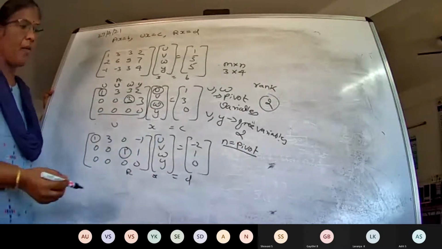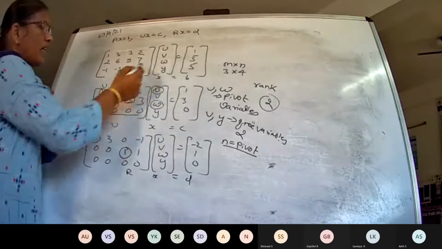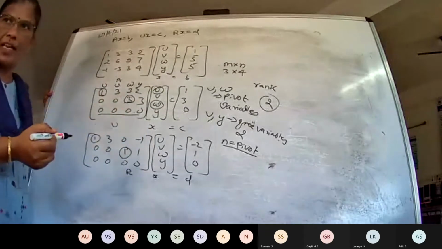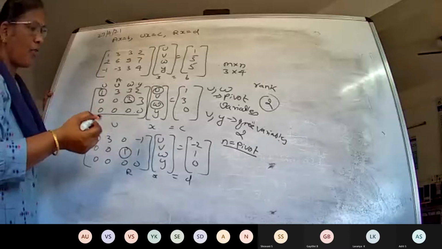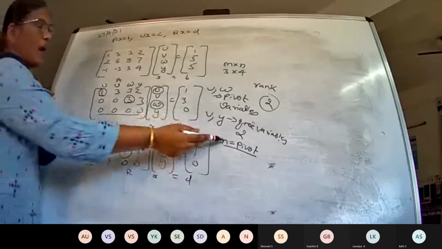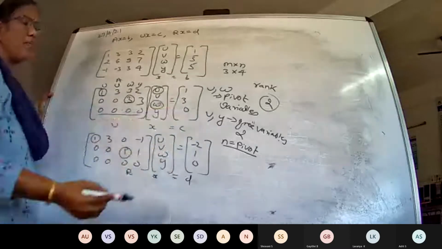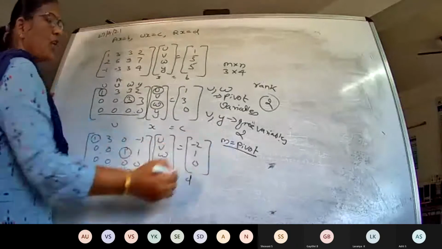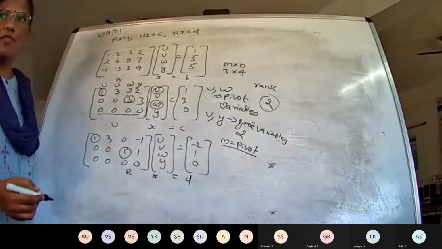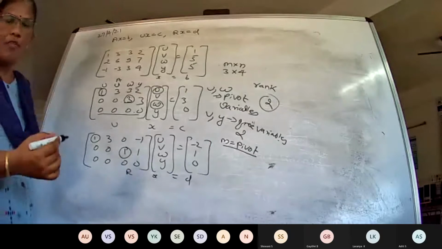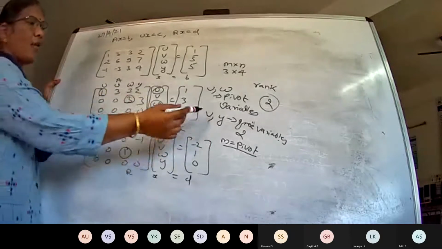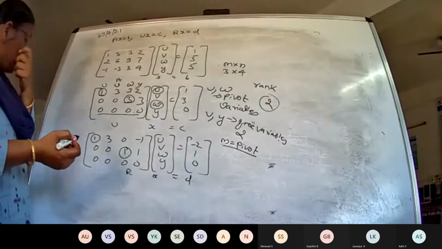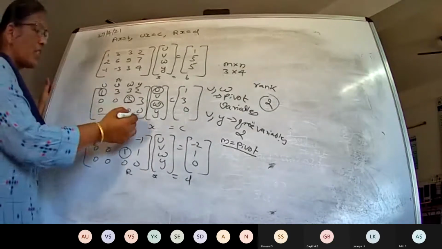If I get a pivot element in all 3 rows, then you can say that the rank of the matrix is equal to m. Sorry, this should be m. So if in each row I am getting a pivot variable, then the rank of the matrix is equal to m.